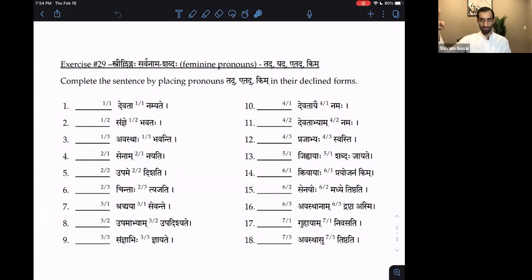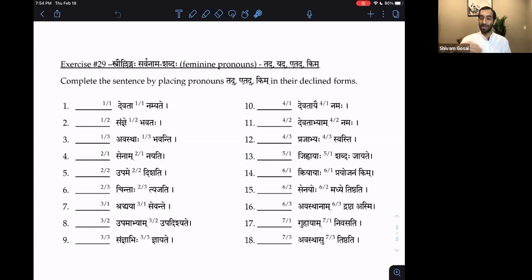Passive voice. Prathama purusha ekavachana. Okay, so something is saluted. What is saluted? Devata namyate. So devata is the karmani prathama to namyate.